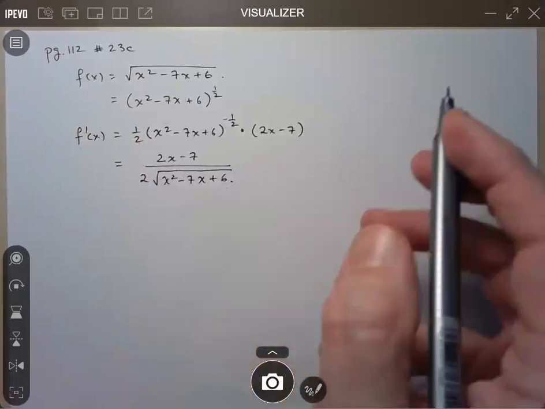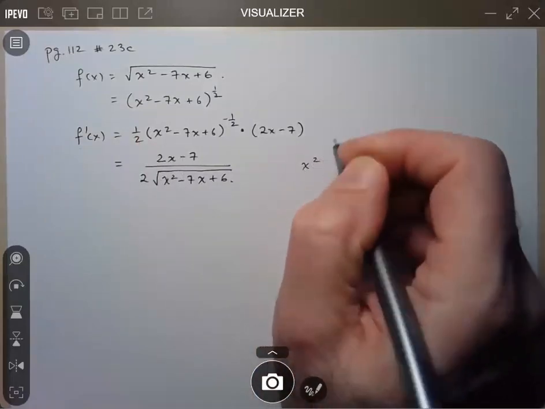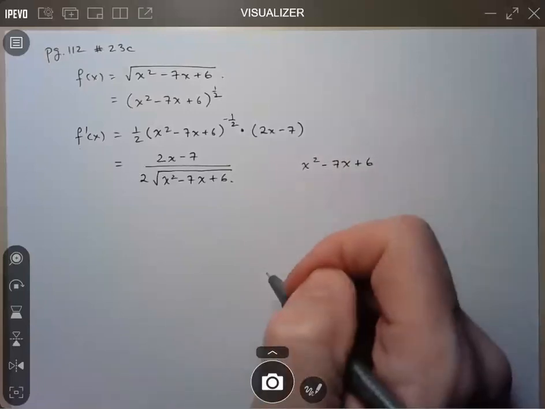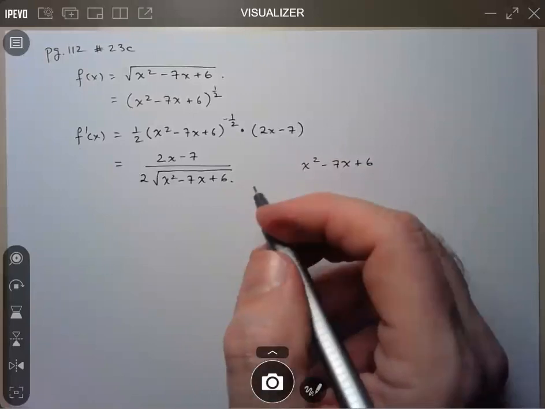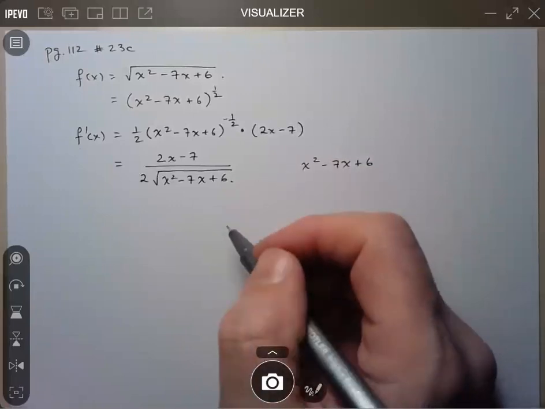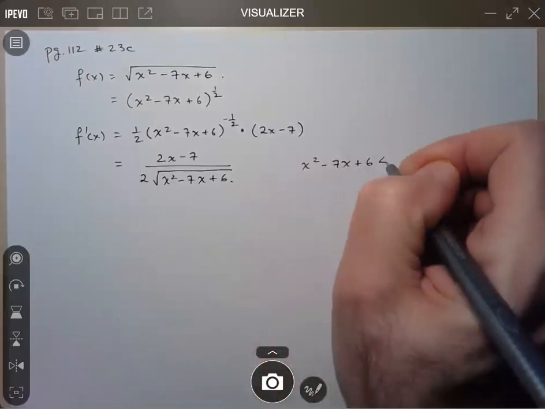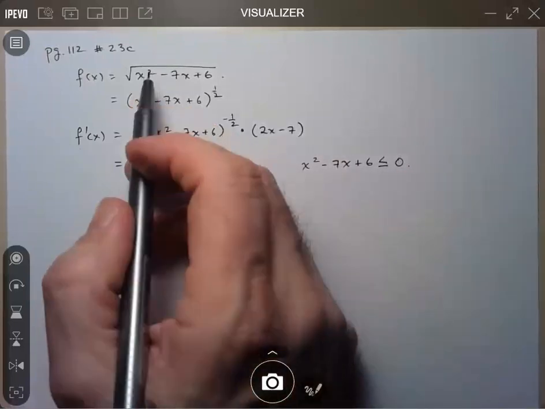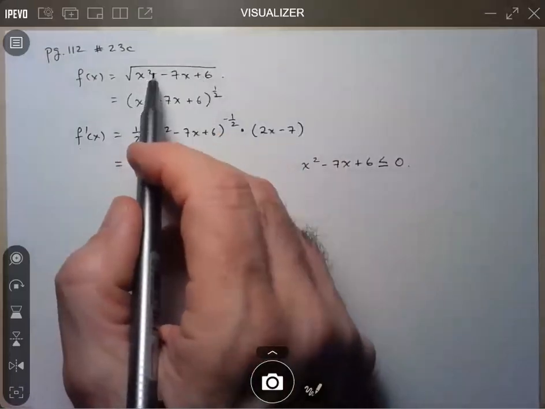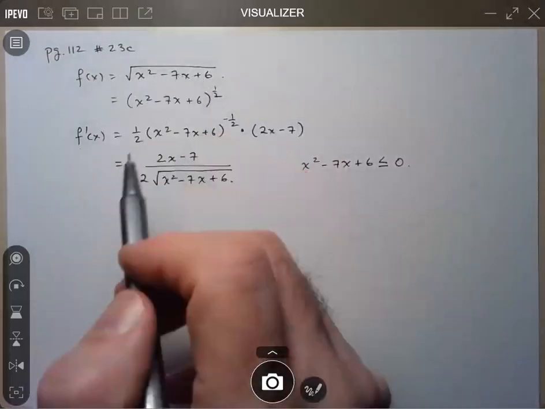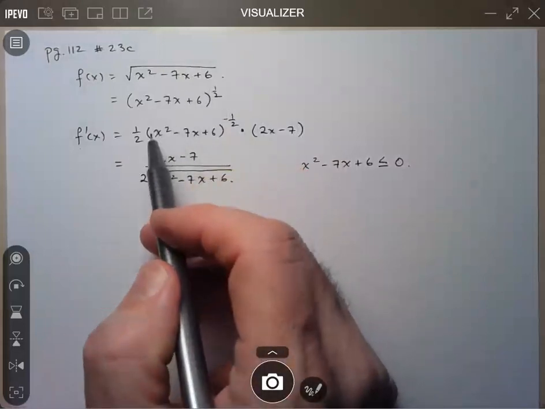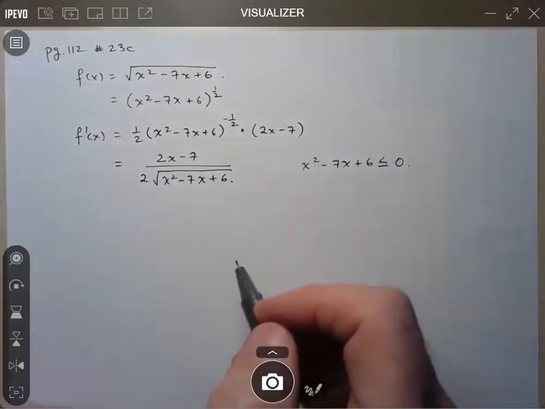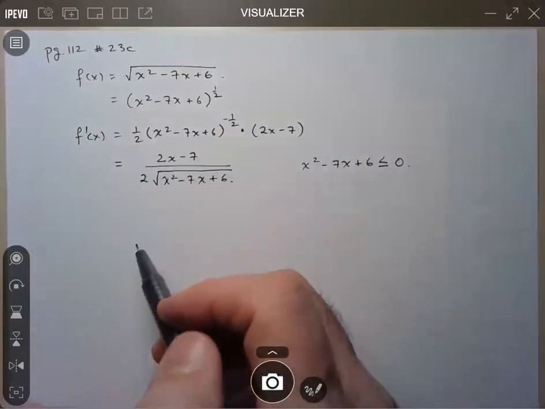So now what we have to solve is where x squared minus 7x plus 6 is less than or equal to 0. Here we could tell anytime it was less than 0, the function doesn't even exist, so it clearly can't be differentiable there. But now after having taken the derivative, we see even when it's equal to 0, this derivative won't be defined.